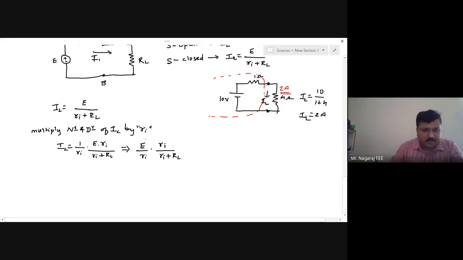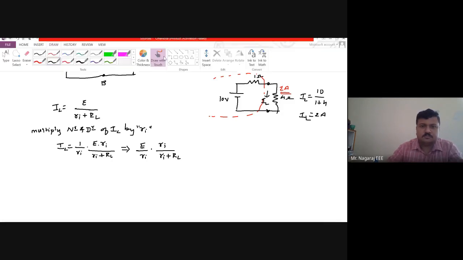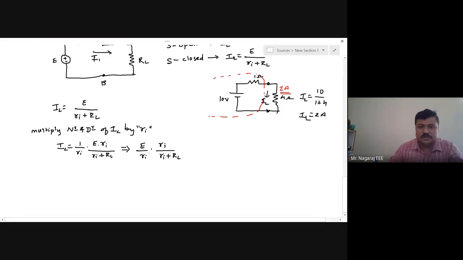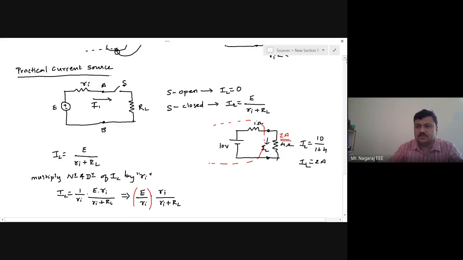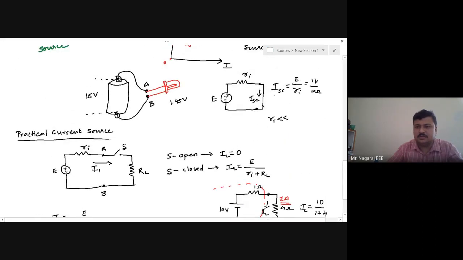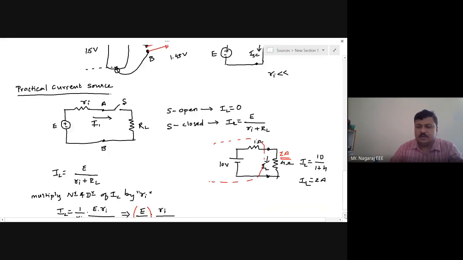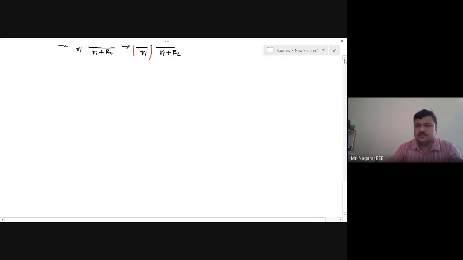Now what is E divided by Ri? From the above analysis, E divided by Ri is the short circuit current. Okay, the current when the load terminals of the voltage source are short circuited.